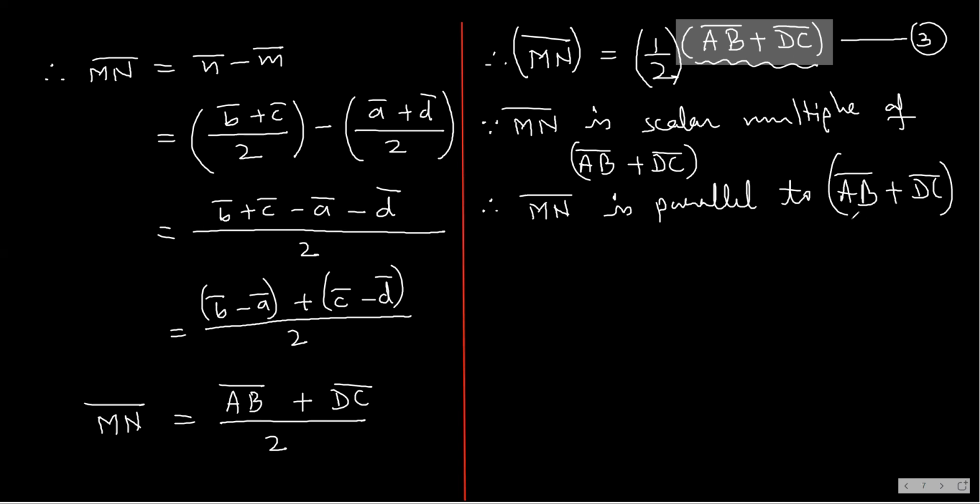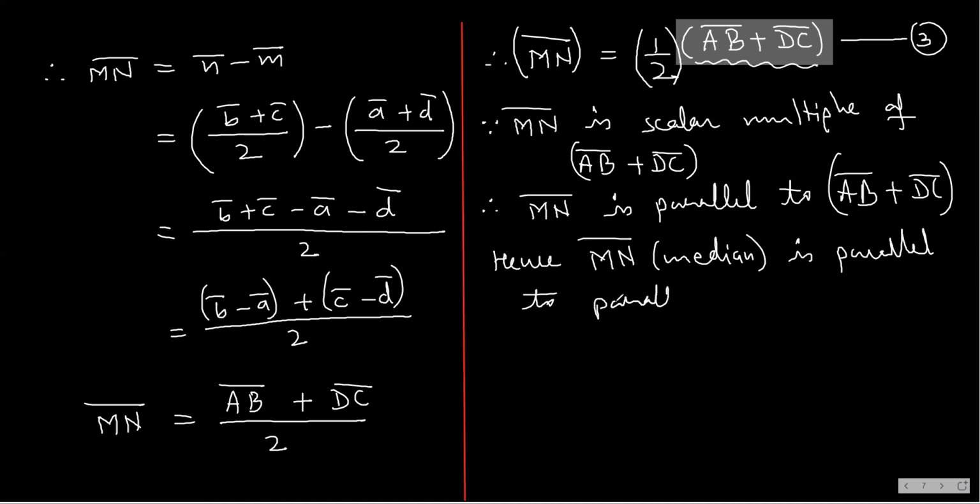And you already know that AB bar plus DC bar is parallel to AB bar and DC bar. Hence, MN bar, which is nothing but the median, is parallel to the parallel sides. You have proved the first part. You have proved that the median of the trapezium is parallel to the parallel sides.